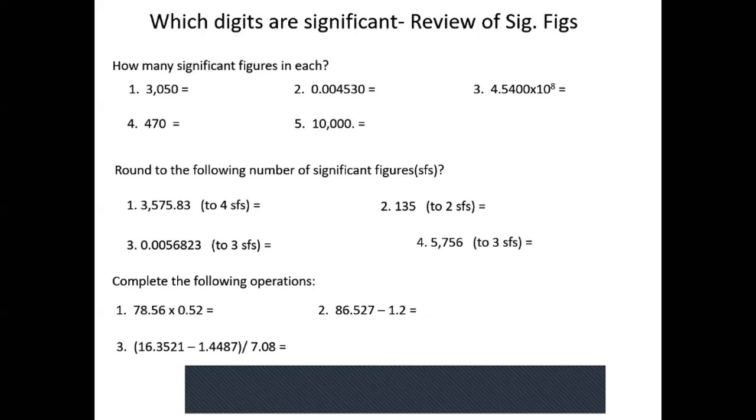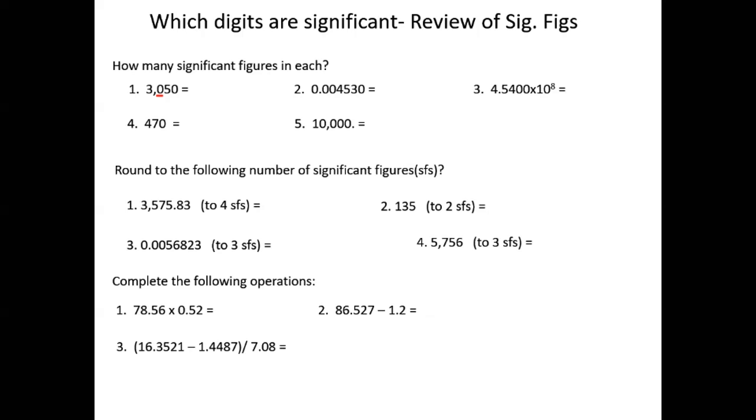The 3 and the 5 are significant because they're non-zero numbers. The 0 between the 3 and the 5 is a captive zero, so it's significant. However, the last 0 is not significant because there's no decimal point. So this has 3 significant figures.